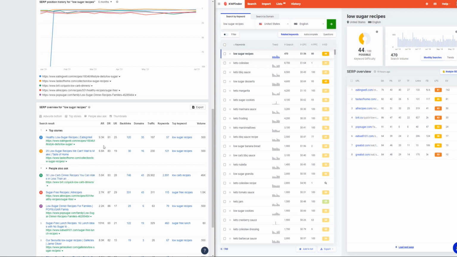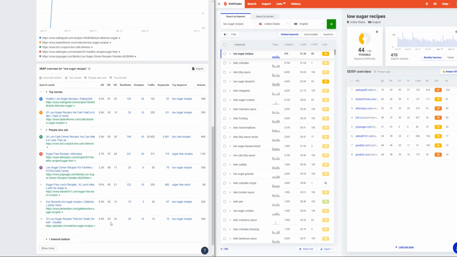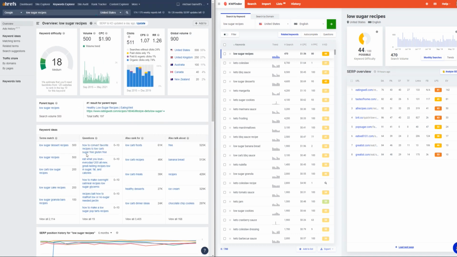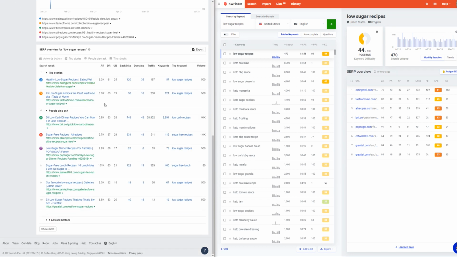So you would have thought you should be able to rank over those for the specific term low sugar recipes, right? It is showing DR 81, 83, 83, 87. So according to this, you can see why it's saying it would be medium. But actually maybe it should be higher, because all these sites have high DR, and quite a few of them are on point.